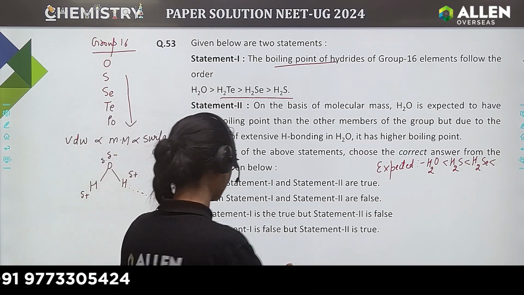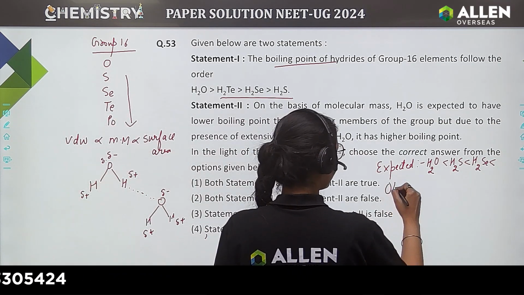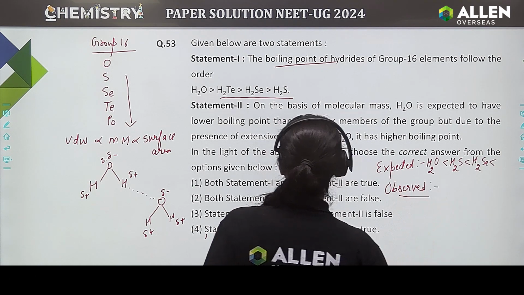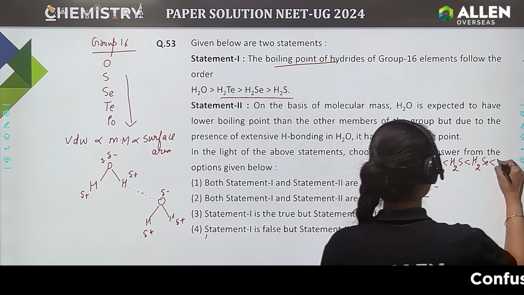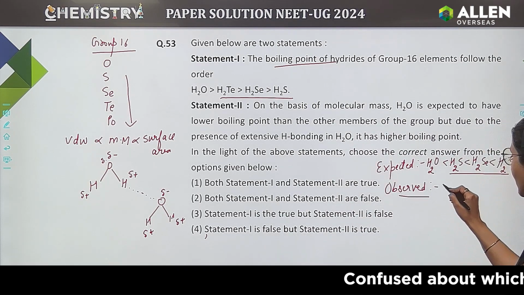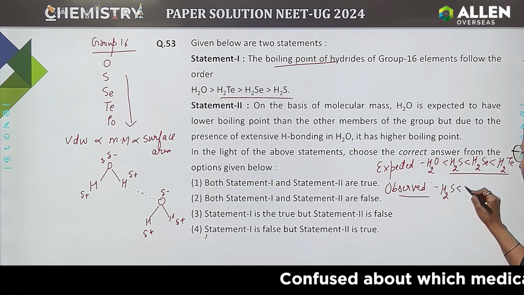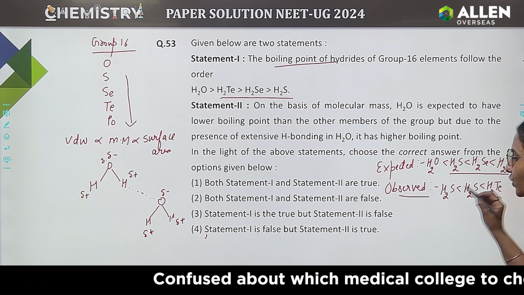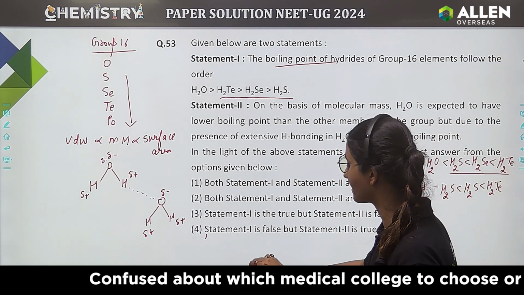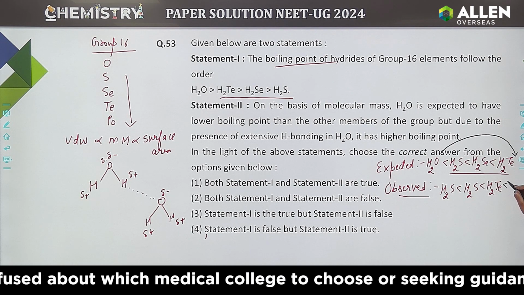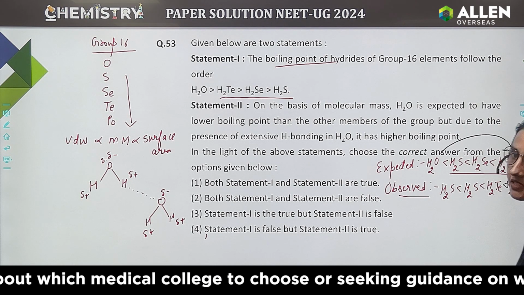But students, due to hydrogen bonding, what is observed? What is observed? We have Te also, right? This order is normal, yes. But students, H2O, due to hydrogen bonding, it will take the position greater than H2Te.